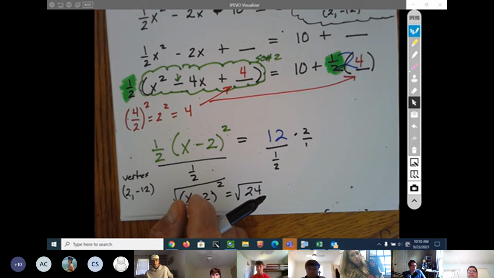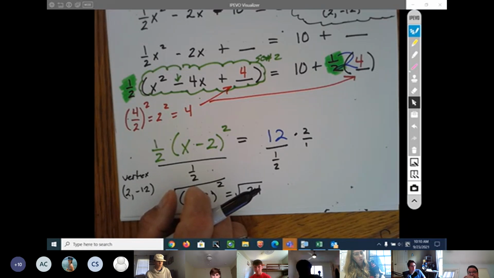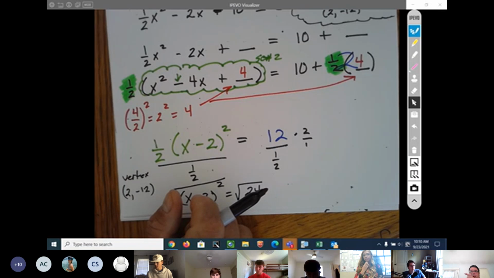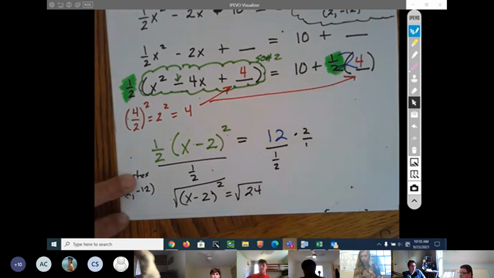Four point what? 1? Okay, let me rephrase it. If the square root of 25 is 5, what is the square root of 24? You got the 4 right. Is it 4.5? Well, it'd be 4.9, because it's right there on the edge. 4.9. Come on, y'all.